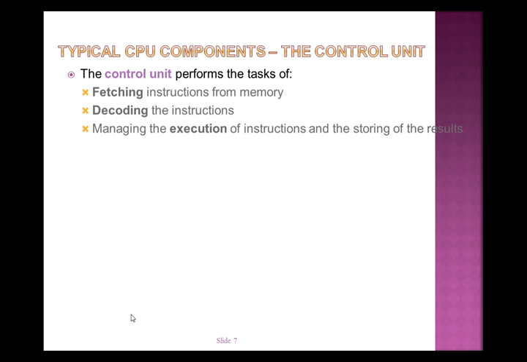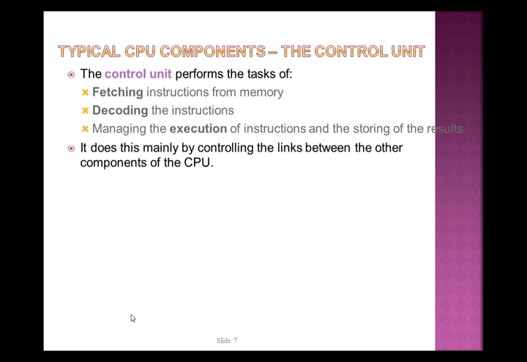Managing means first of all analyzing, depending on the priority of the instruction: execute the first instruction that has a high priority, then the next one that has a lower priority, then the next one that has a different priority. So it manages the execution of the instructions, and then at last stores the result, after the execution of the instruction. So these are the three common tasks done by the control unit: fetching, decoding, then execution.